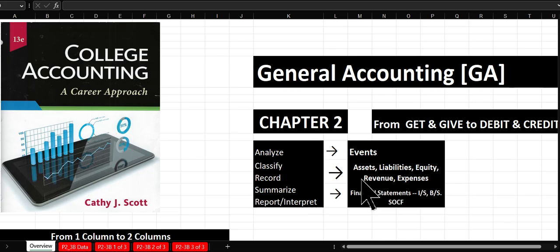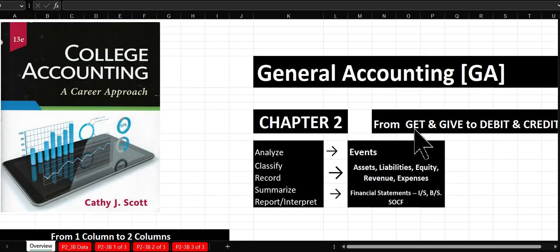Recall from chapter 1 that we defined accounting as a process of analyzing, classifying, recording, summarizing, and reporting. We are going to continue that process in chapter 2 with the analysis.